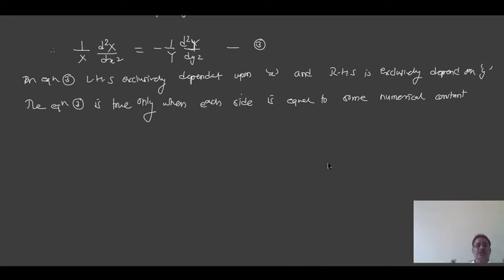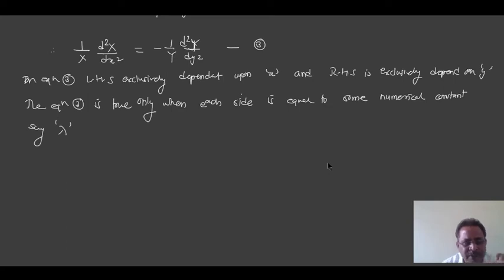So this equation will be true only when independently the LHS is equal to some numerical constant, and independently the RHS of that equation is also equal to the same numerical constant. Then and only then we will be able to write this differential equation. Say I am calling this constant lambda.